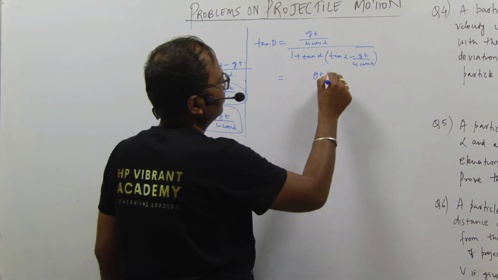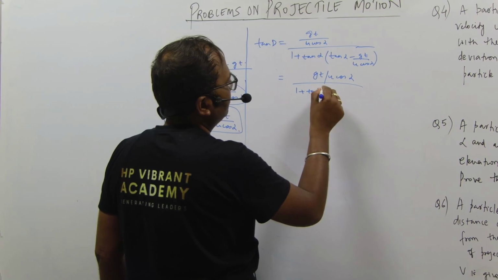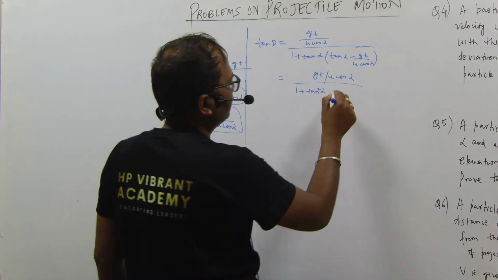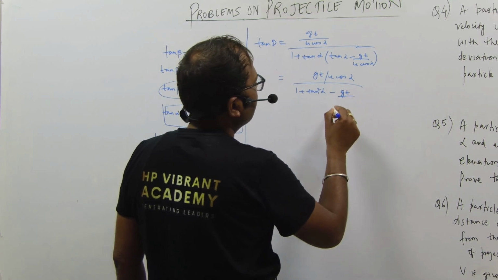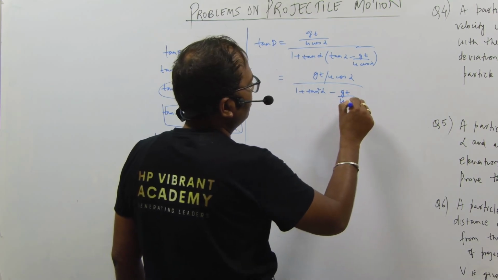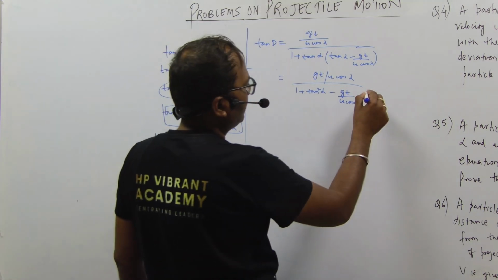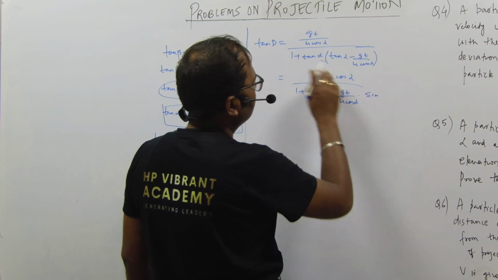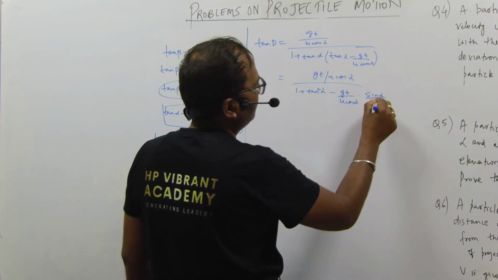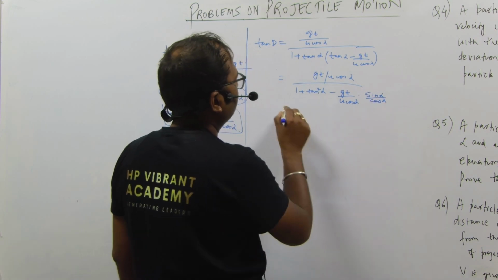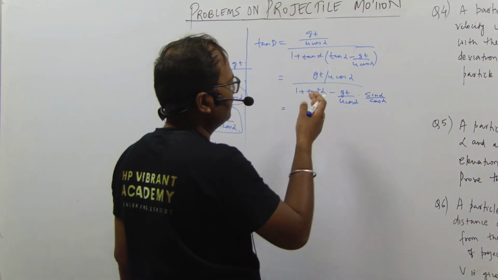So we have gt upon u cos alpha upon 1 plus tan square alpha, minus gt upon u cos alpha into sin alpha. This is tan alpha, tan alpha into this expression. We can write tan alpha as sin alpha upon cos alpha. So 1 plus tan square alpha is sec square alpha, and sec square alpha is 1 by cos square alpha.